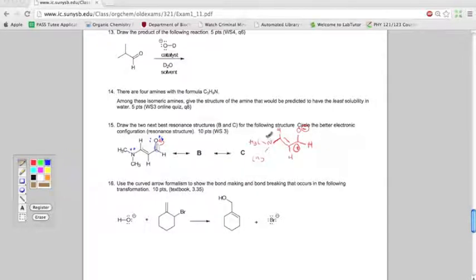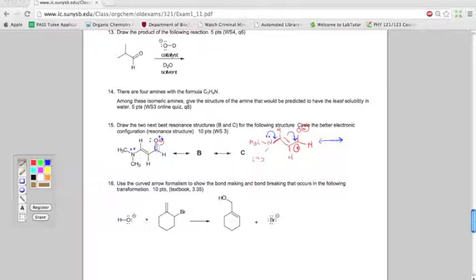Next, for my next resonance structure, I want to pay attention to the lone pair on that nitrogen. That lone pair is going to be donated to the bond right next to it, and it's going to shift that double bonded electrons, so those pi electrons, into this bond over here.